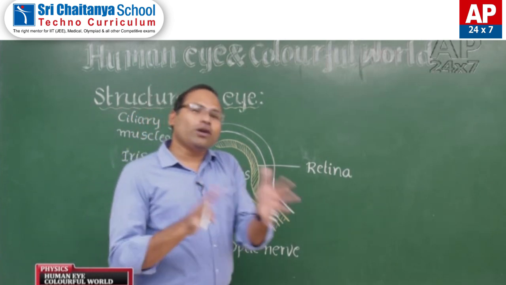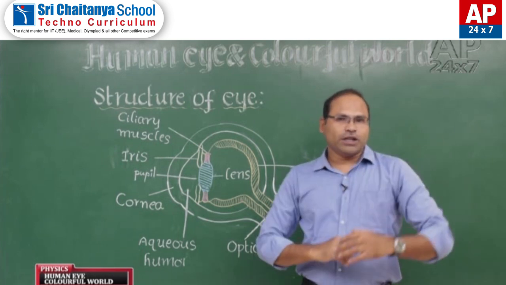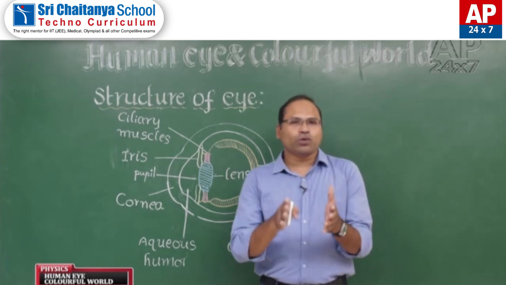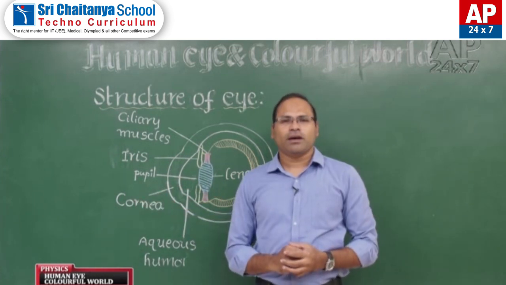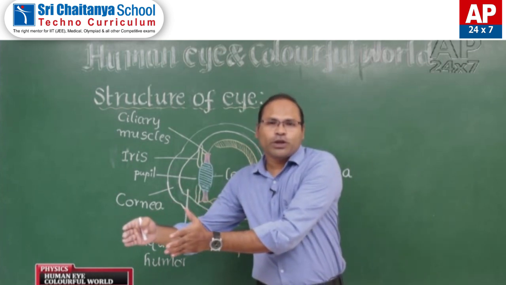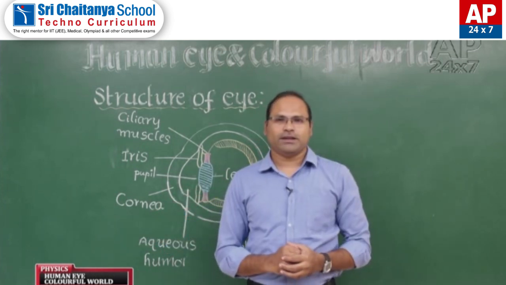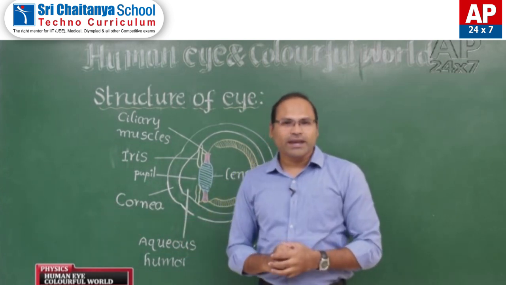Okay, the contrast of this situation is also possible. That means, if you are in bright light outside somewhere and you move into a dark room like a movie theater or something, in that condition, immediately after entering the room, you hardly see anything. Of course, some light is there inside, but you can't see anything. You know why? Let me explain.